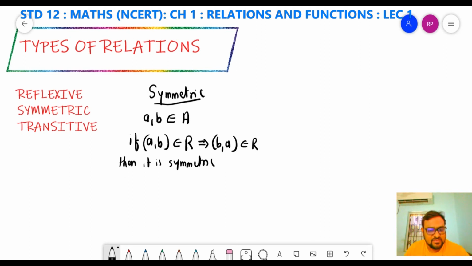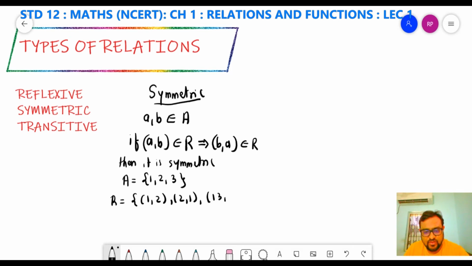Clear? So see, if there is a set A = {1, 2, 3}, then the relation I can write down as (1, 2), (2, 1), (1, 3), (3, 1).